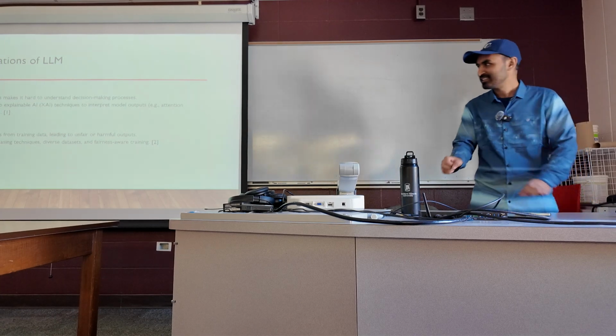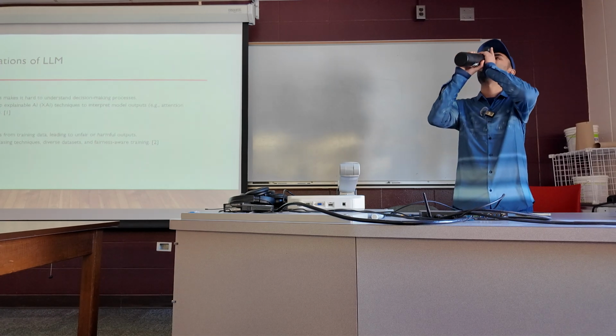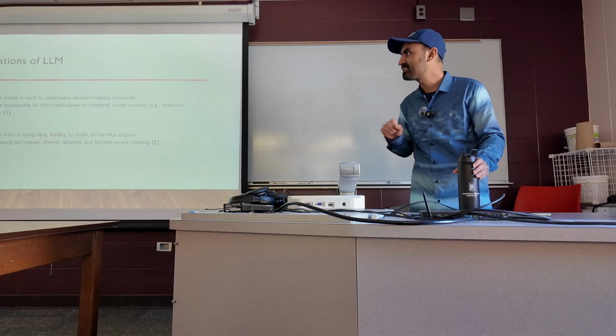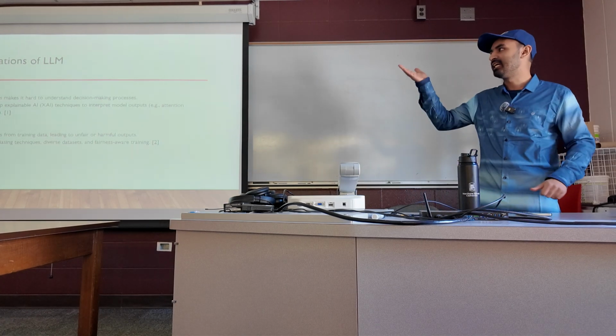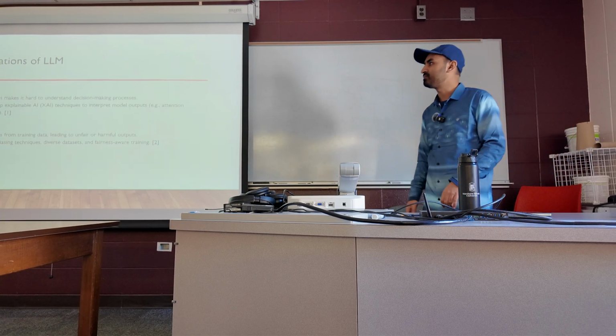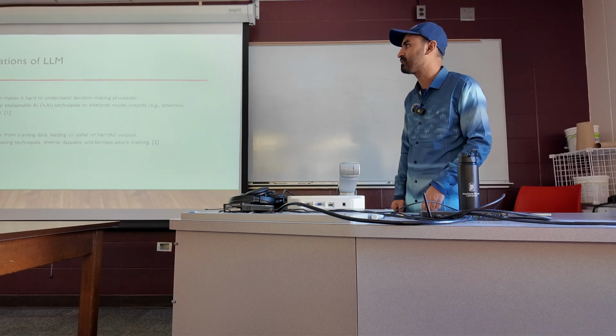Yeah. So, we saw so many things in LLMs, but there are some problems in LLMs that still exist. First is that the LLM is a black box. It's the lack of explainability. The black box nature of models makes it hard to understand the decision making process.